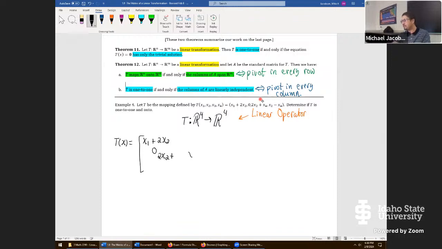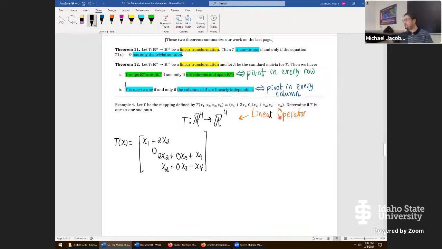Plus x4, let's go here and insert a 0 in the middle just to remind us that there's a blank right there. Next one is x2 minus x4, so let's go x2 plus 0 x3 can help us out, plus or minus x4. And this one was plus x4.